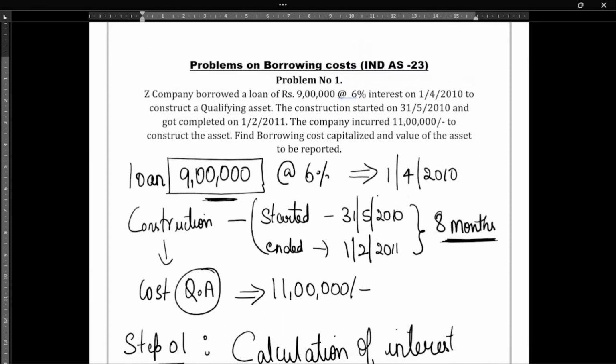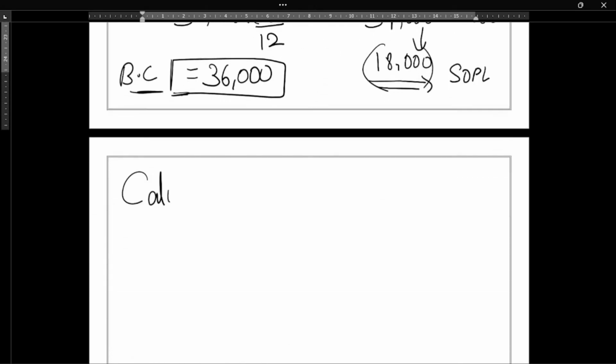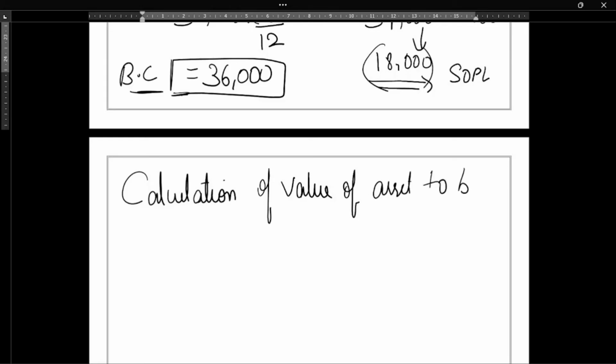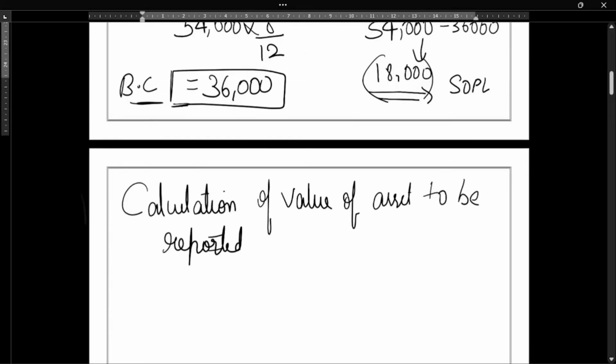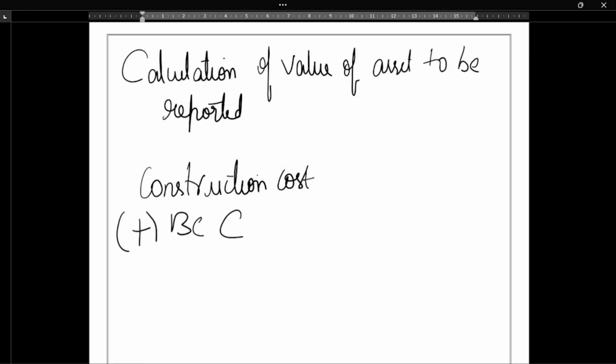In the question, they have asked one more thing: the value of the asset to be reported. So, calculation of the value of the asset to be reported. First is the construction cost, and to that construction cost we need to add the borrowing cost capitalized.